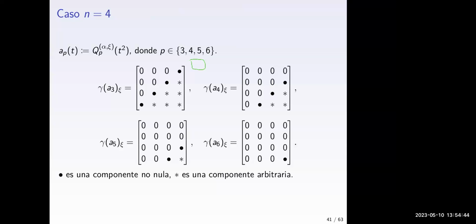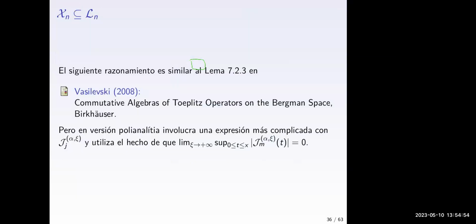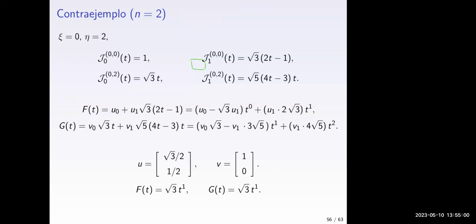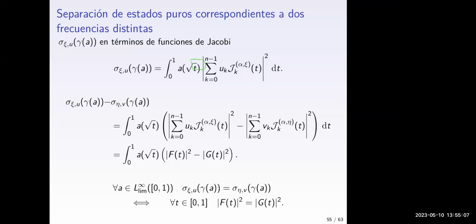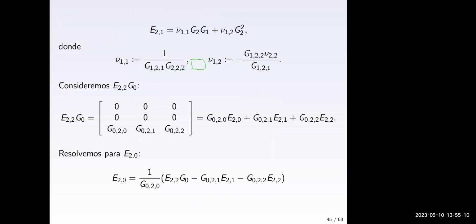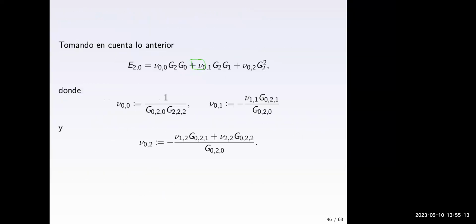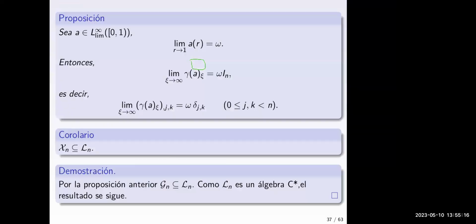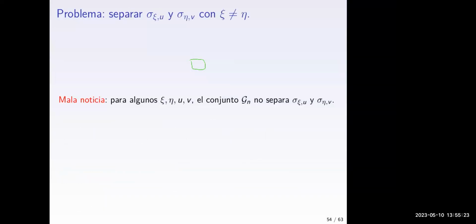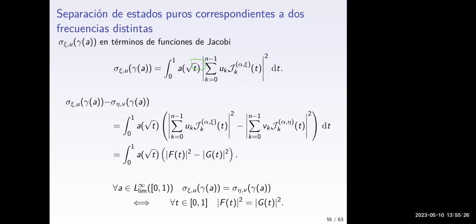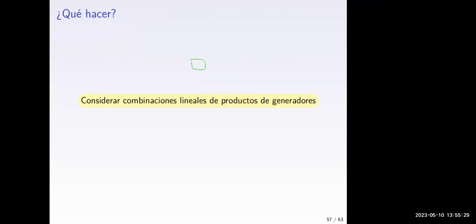Oh, no, we have this anti-diagonal structure of the matrices, and on page 50, maybe, when we have two sequences. Here? Next one, please. Next one.